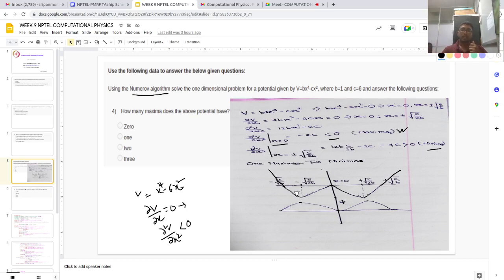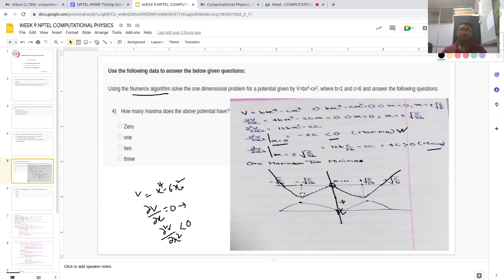So at x equals 0 there will be a maxima, so the probability of finding the particle there will be less, essentially 0, or if not 0, a minimum value for the probability.